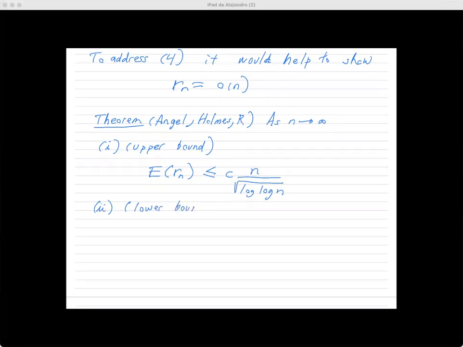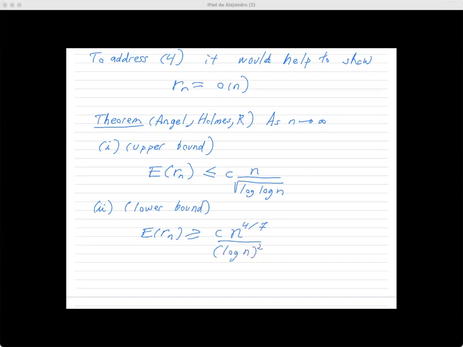For the lower bound, we have something which is some constant n to the 4/7. Maybe, yes, I think we have to put a log here.